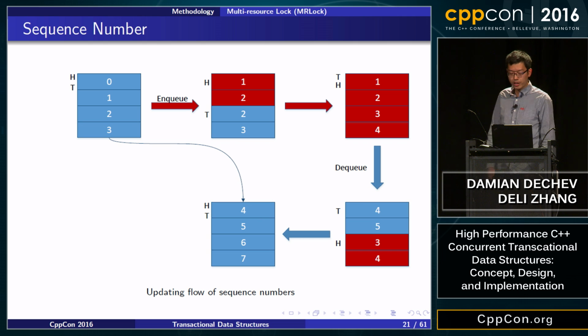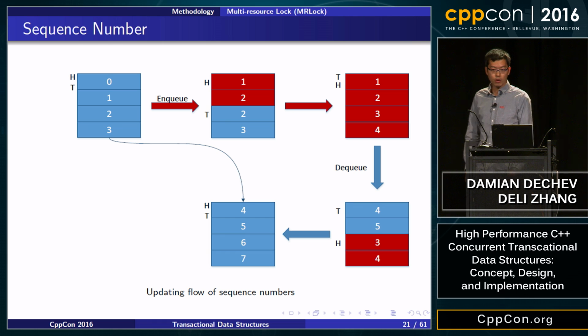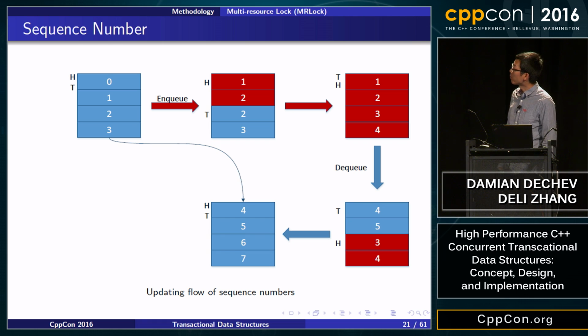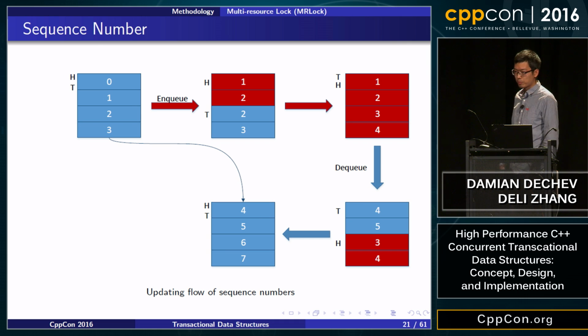So the cell is taken, and it won't wrongly overwrite any existing value. When the head advances and releases a cell, it will increase the sequence number by size minus 1, so that the cell's sequence number now equals the tail index. This indicates the cell is ready for reuse again.